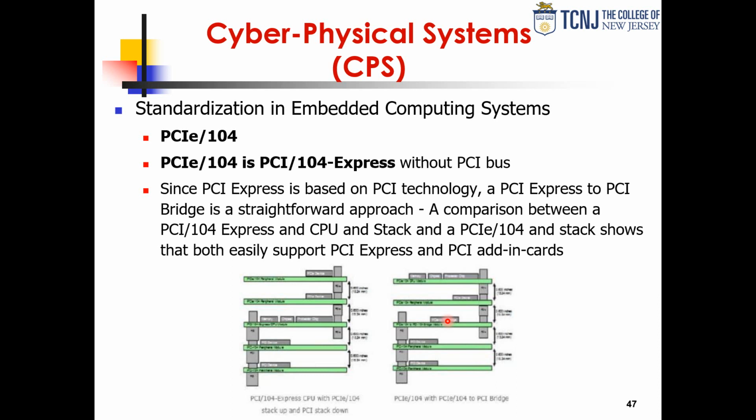So you don't gain extra bandwidth, or you don't maintain all the bandwidth being the same through all the connections. If you do that, it's not a bridge any longer, it's a switch in the lingo of networks. So you can have a PCI to PCI Express bridge and then keep going with your stack and still support PCI legacy devices.